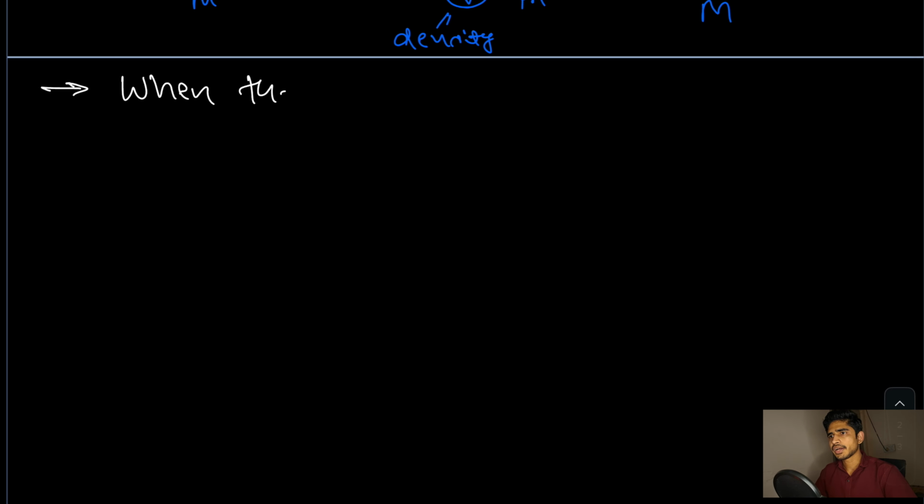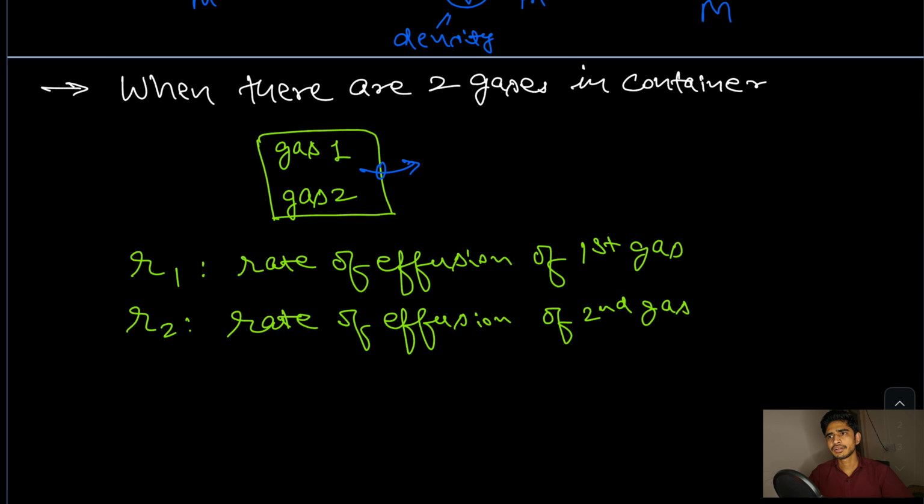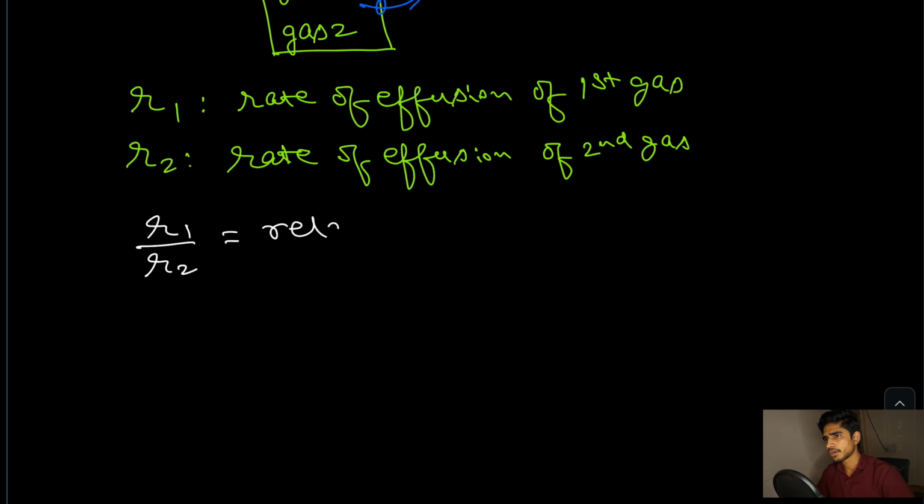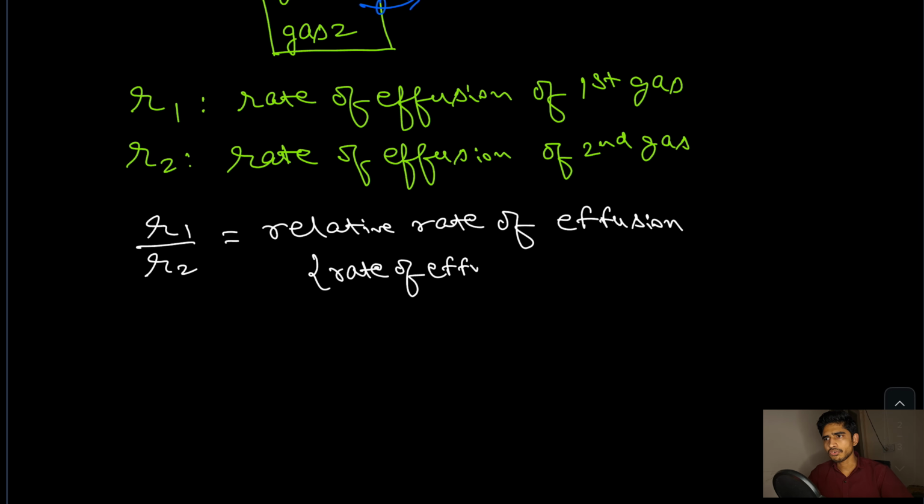We can write that when there are two gases in a container, let's say gas 1 and gas 2, the rate of effusion of the first gas is R1, and the rate of effusion of the second gas is R2. R1 by R2 is the relative rate of effusion, right? It is the rate of effusion of the first gas with respect to the second gas, because we have written R1 by R2.